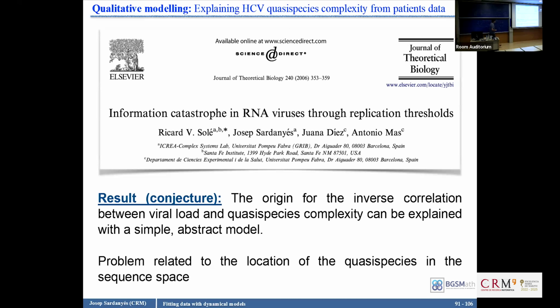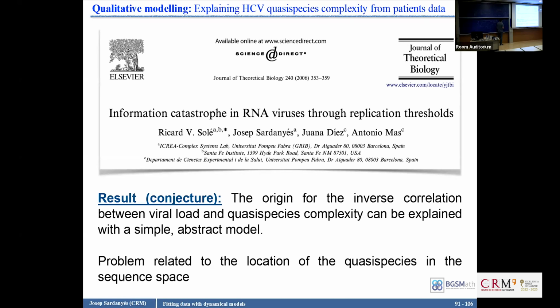It was a problem related to where the quasi-species was located in the sequence space. So, sequence space. If I have a sequence with 1 bit, sorry, the sequence space is 0, 1.